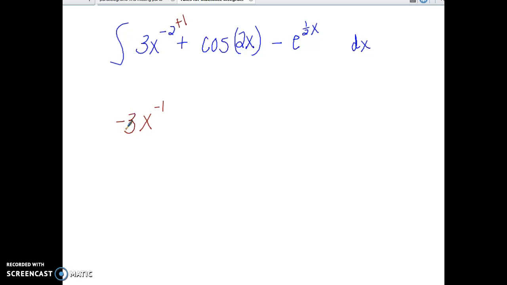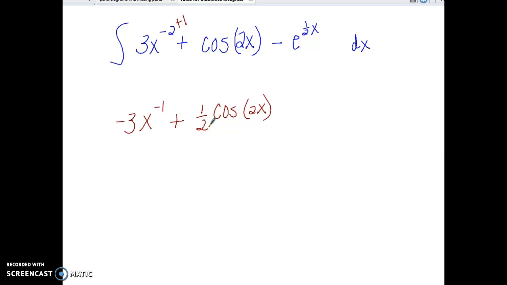My second term is a trig function, so this one's a special case. I would have cosine of my 2x. I need to divide it by 2, so I'm going to show that as 1/2 cosine 2x. And then in my last term, we have e.